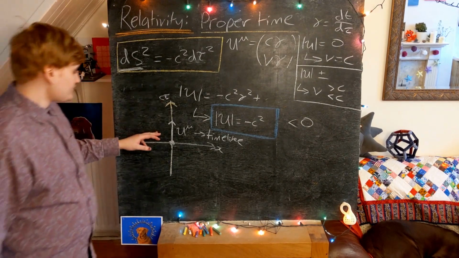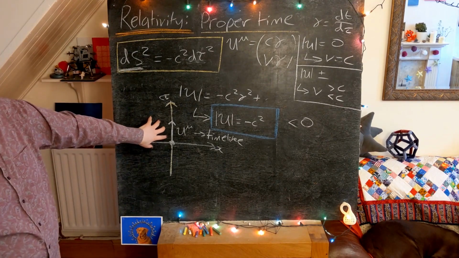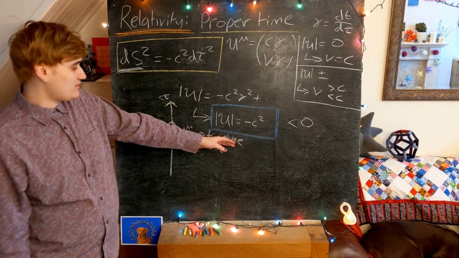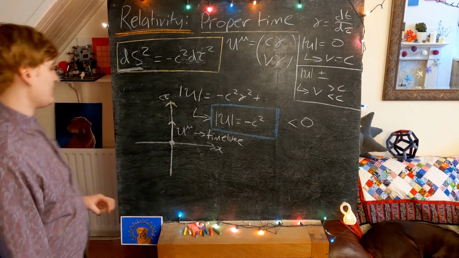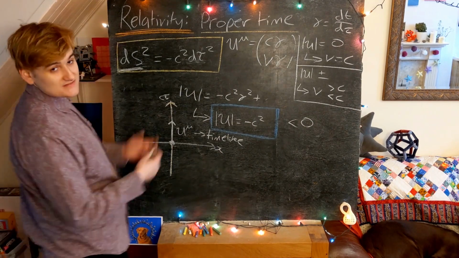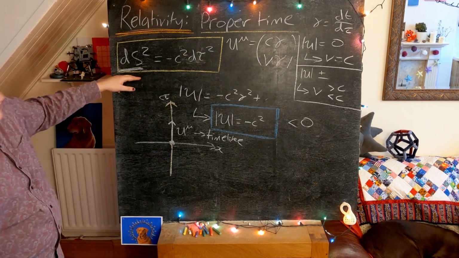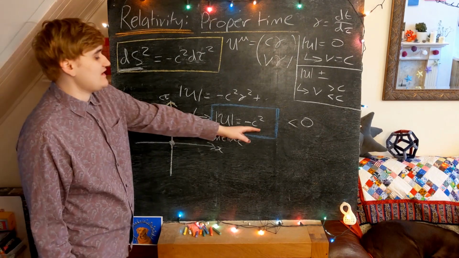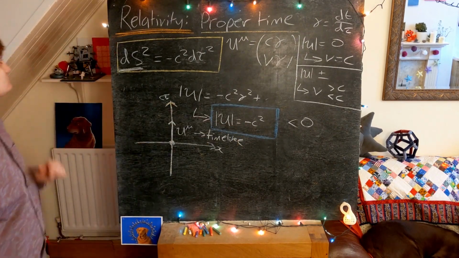And now, using the invariance of the metric, we can measure the length of this vector, find out that, first of all, it's time-like, and that it has this length which is equal to minus c squared. And now we can use this fact to say that the length of the vector has to be invariant, so in any reference frame, it's always going to have this length minus c squared.